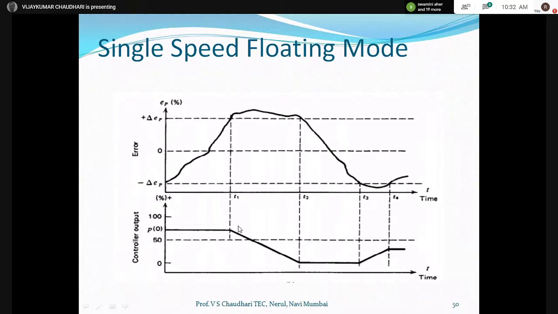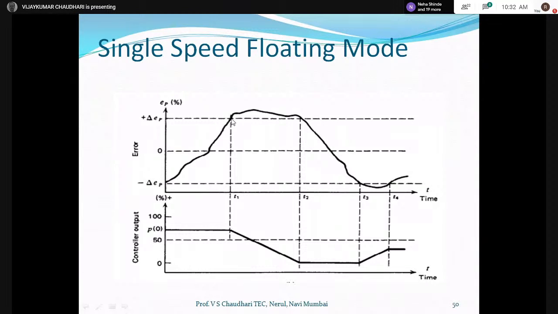Once again, for error lying between the neutral zone minus EP to plus EP, it has previous value P of 0. It continues to have controller output at P of 0.